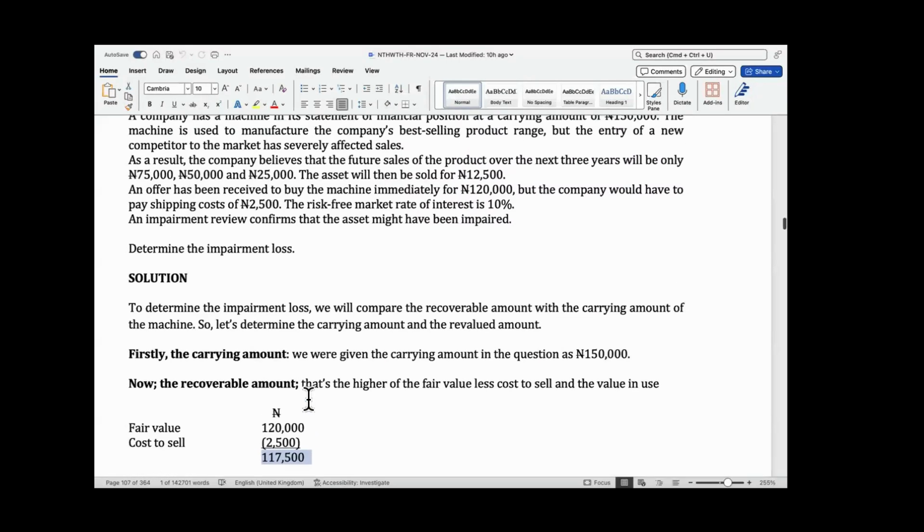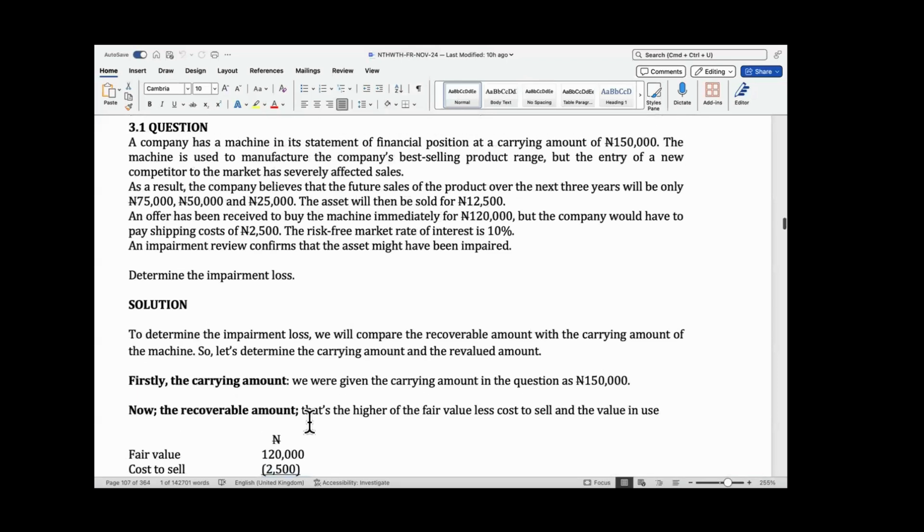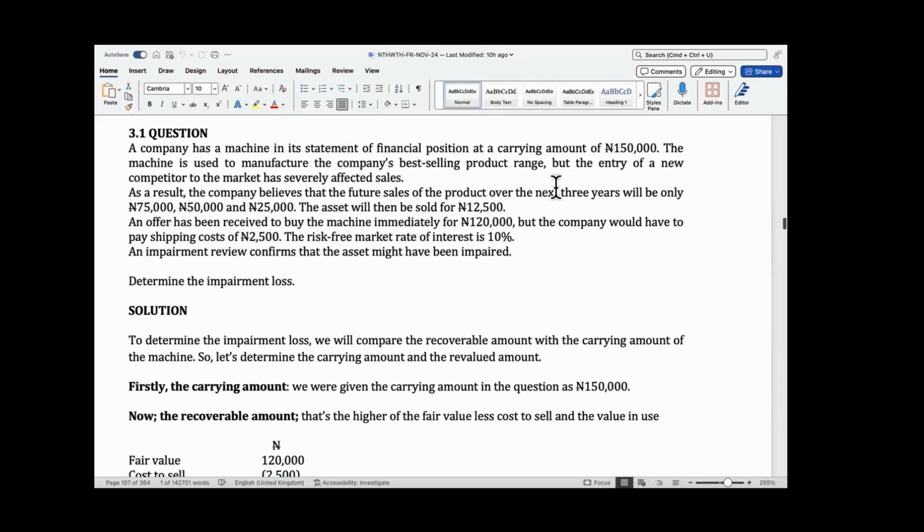So I've gotten my net realizable value. Now they gave me the sales I can make from this asset for 3 years and the eventual disposal of this asset after those 3 years. This is a clue towards determining value in use, because they have given me future cash flows.